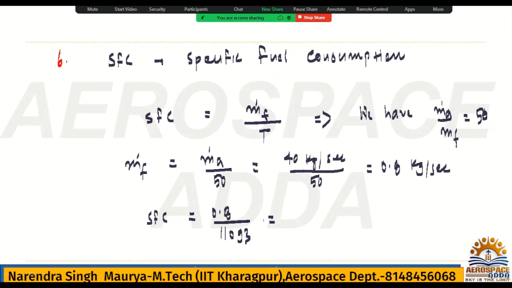So if you calculate this value, it is nothing but 7.21 into 10 to the power minus 5, and the unit will be kilogram per Newton per second. This is the specific fuel consumption.